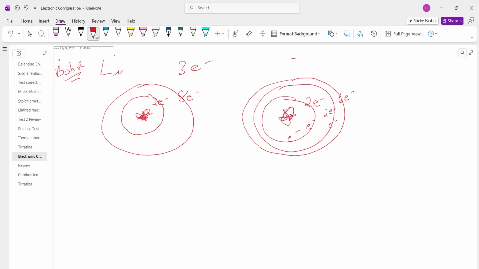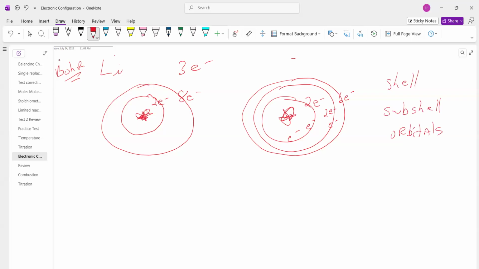Okay, now there's something called a shell. The shell is the most general designation. When we divide a shell up, we're going to come up with a subshell. When we divide the subshell up, we're going to come up with orbitals.